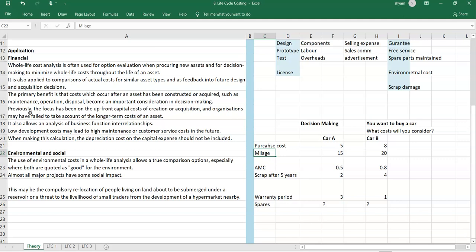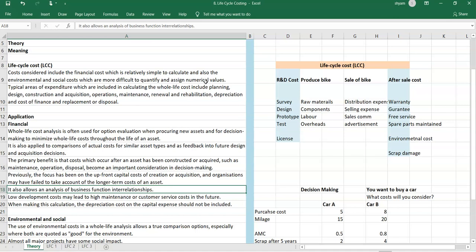It allows an analysis of business functions' interrelationships. So we think that production is a different department, or R&D is a different department. No, whatever design the R&D department makes, the production department has to buy raw materials and components, and has to produce the bike as per that design only.